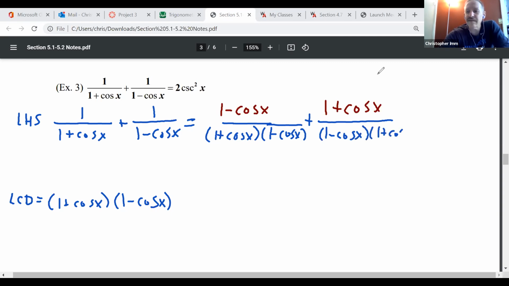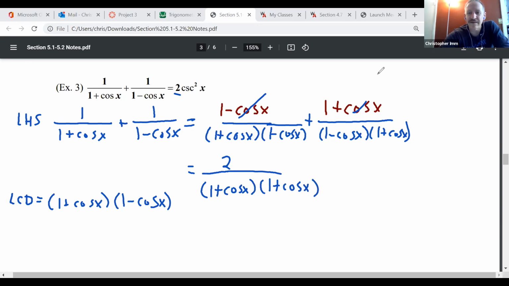Okay, so now I can add the shaded parts together, which are the brown parts. So I have 1 minus cosine plus 1 plus cosine. The cosines subtract out, right? So I get 1 plus 1 is 2. Hey, that looks good. And then in the denominator, I just put those over the parts in a whole, which is just this product, the least common denominator.